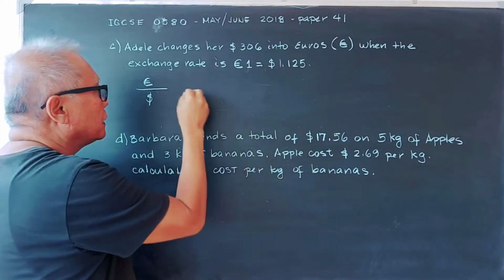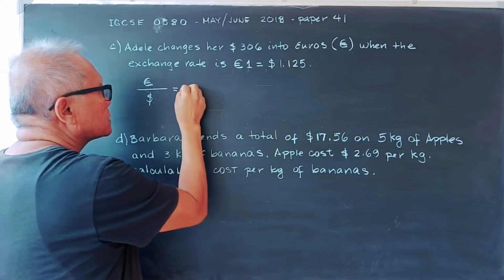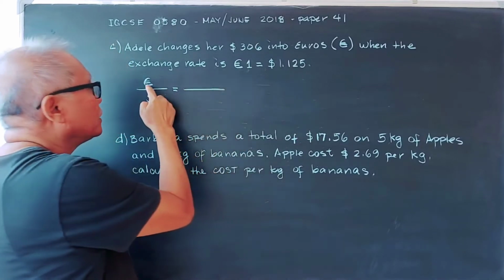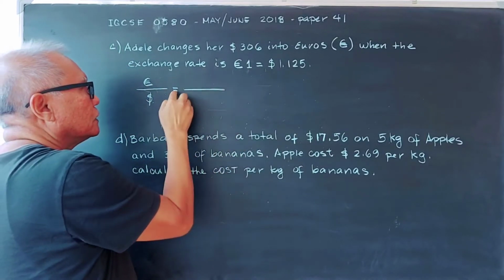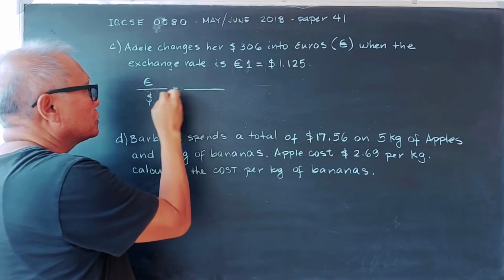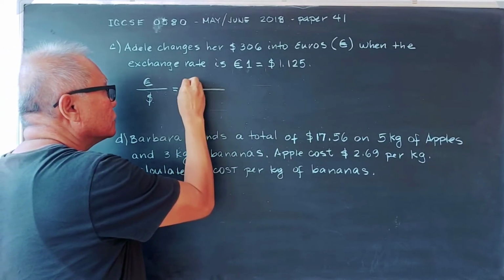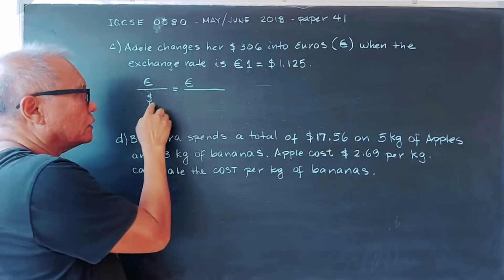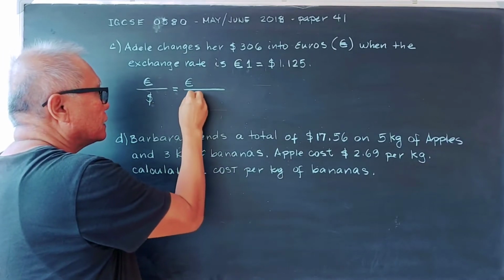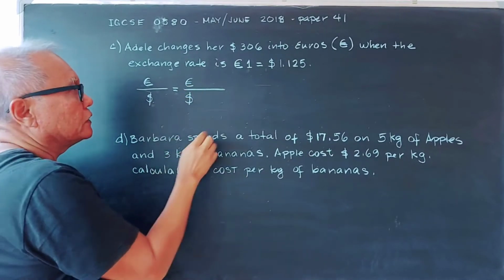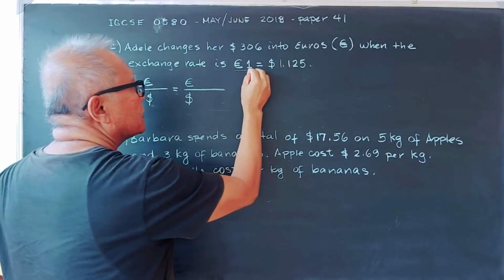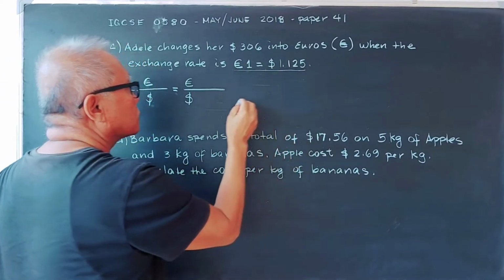If you have the euro here, you must put euro here also. The dollar is here, so we have the dollar here. And then we write the exchange rate, the conversion factor.